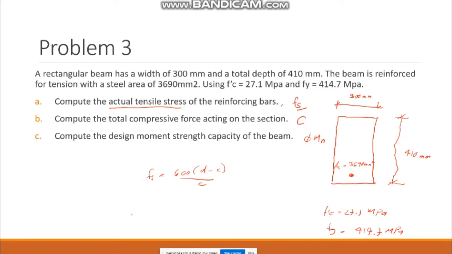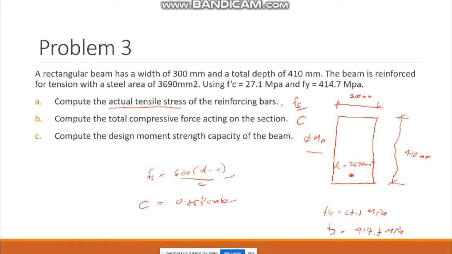So we will use method 1. The compressive force C is equivalent to 0.85 f'c times a times b. Method 2 would also work, but along the way you would need to compute this anyway, so why not just use method 1?